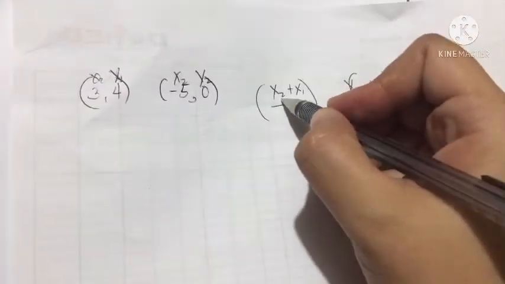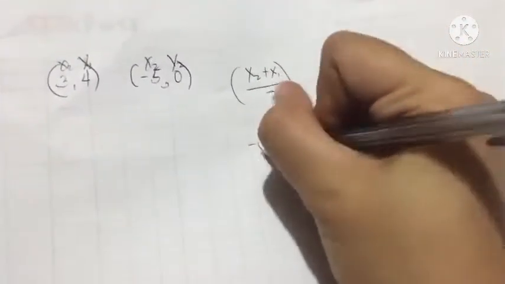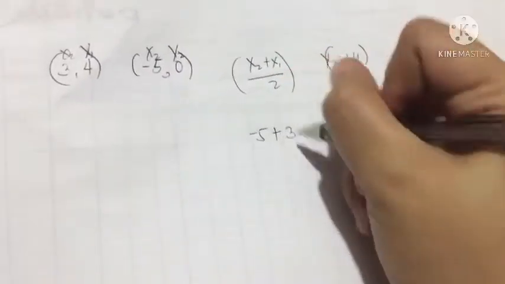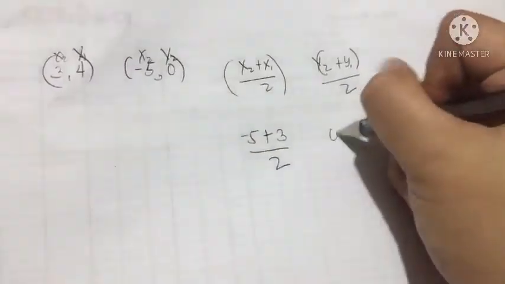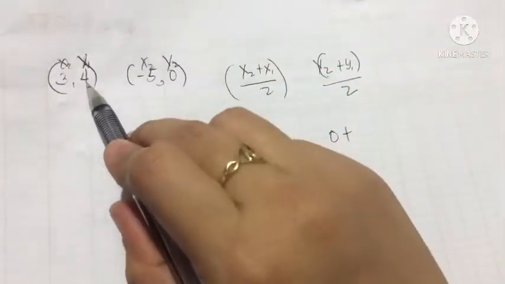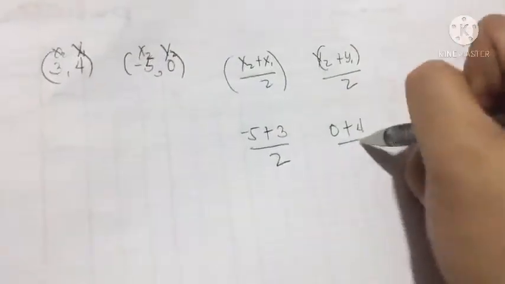Substitute. Ano yung ating x sub 2? Negative 5 plus x sub 1 natin is positive 3 over 2. Then yung ating y sub 2 is 0 plus y sub 1 is 4 over 2.